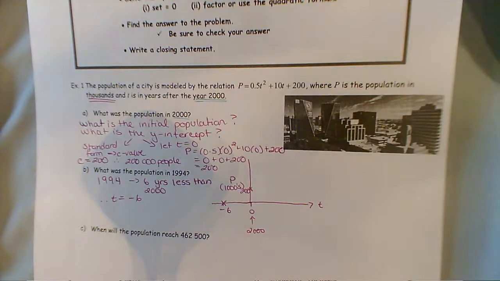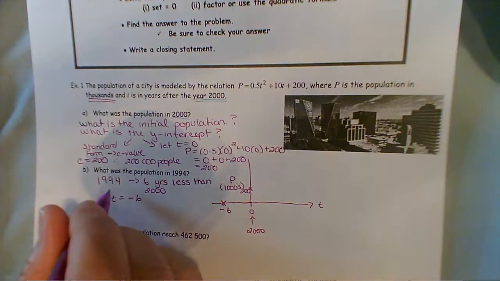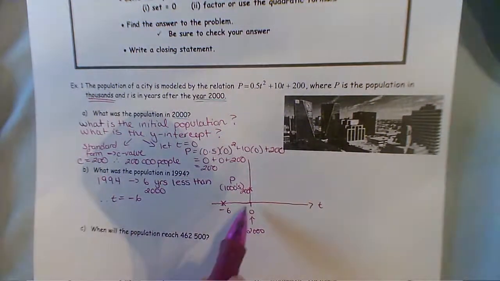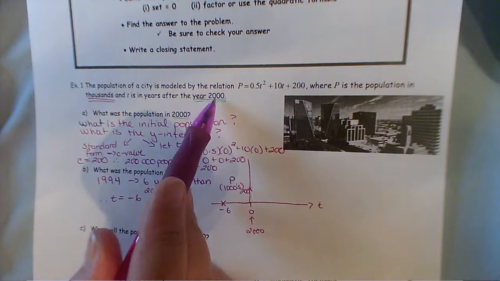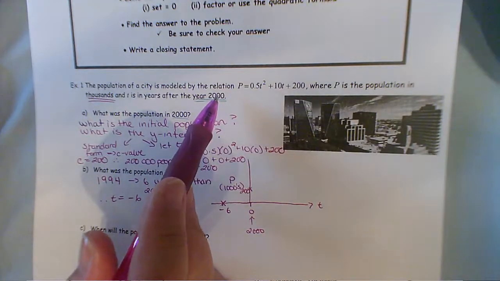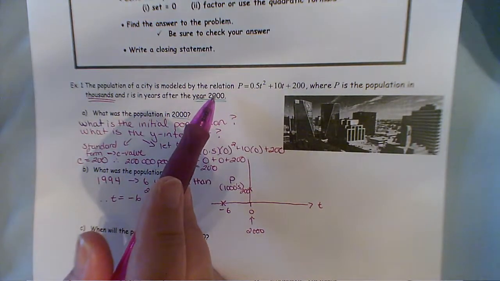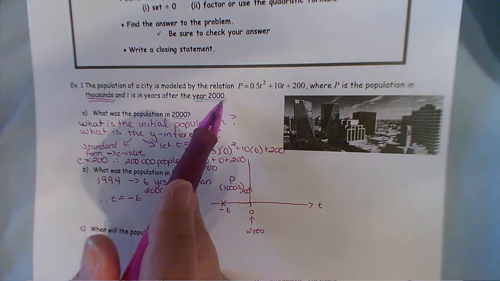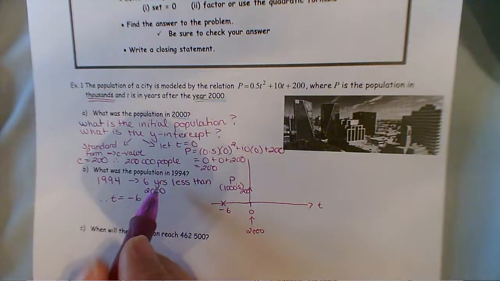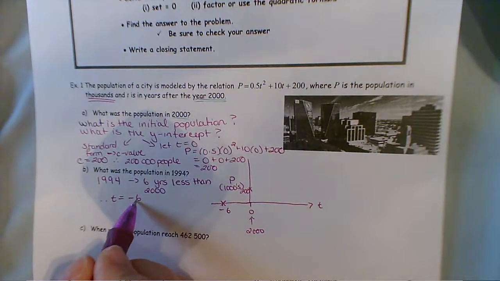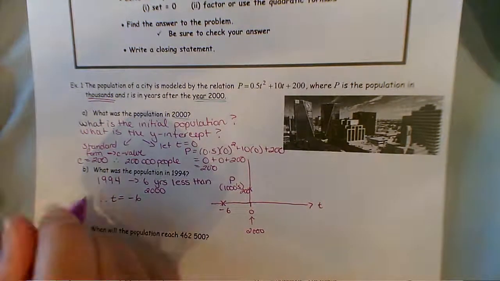We're interested in what was the population at that point in time. So we have to sub in -6, and it's negative because we went back in time. Remember, time 0 was just set to be the year 2000. So if you're before 2000, then you're negative. If you're after 2000, you're positive.